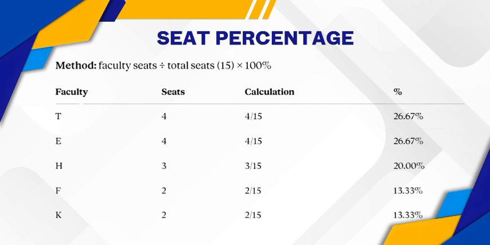Same for economics, also 4 seats, also 26.67%. Law has 3 seats, which comes out to 20%. And then social science and medicine each have 2 seats, giving 13.33% each. Now, on the surface, this looks perfectly fine, right? More students, more seats, but here's where it gets interesting.